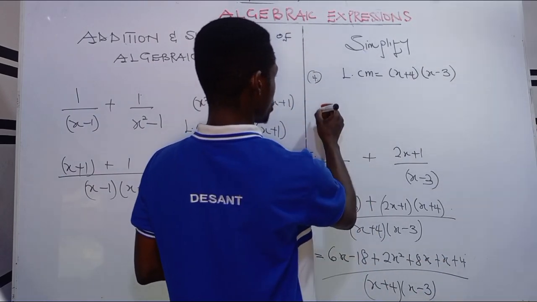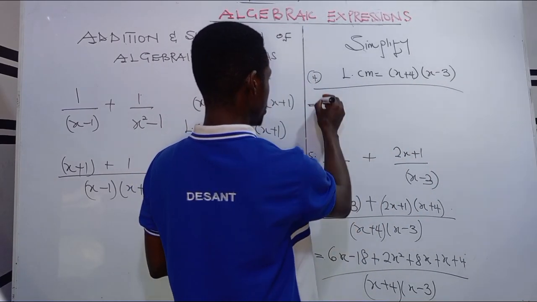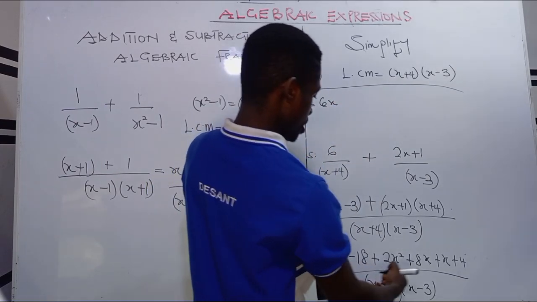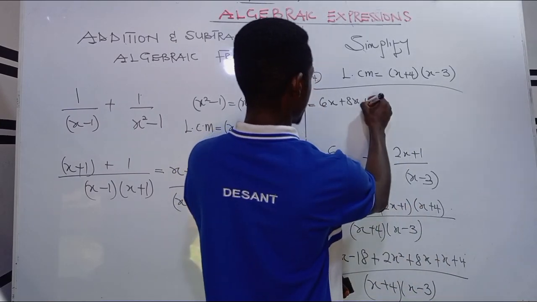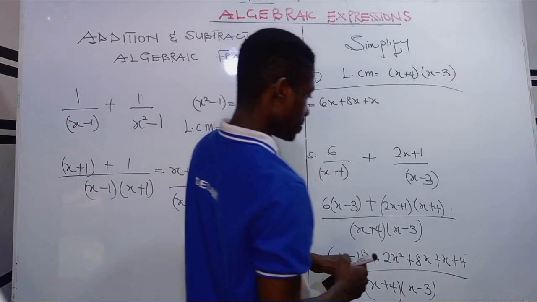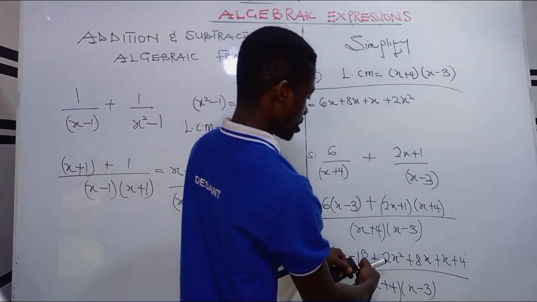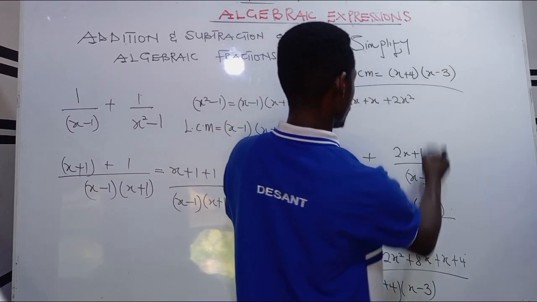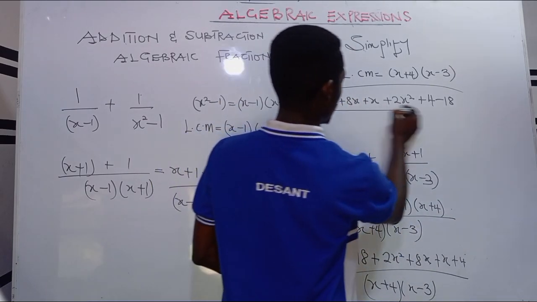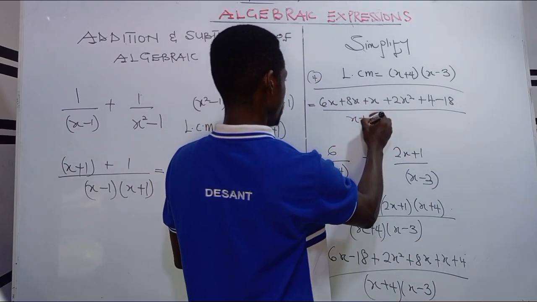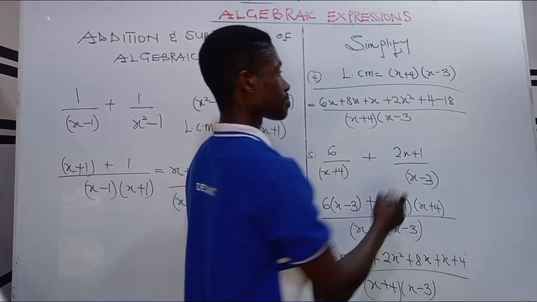Okay, so let's continue from here. So we have 6x and then plus 8x and then plus x. Then we have plus 2x squared and then group the numbers. 4 minus 18, all over the LCM, x plus 4, x minus 3.